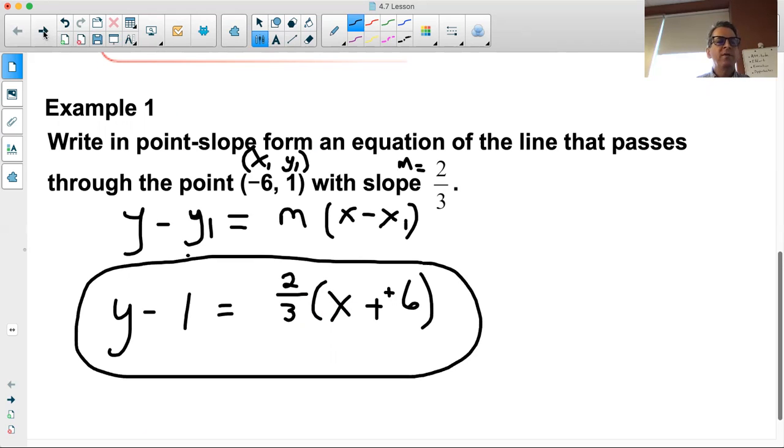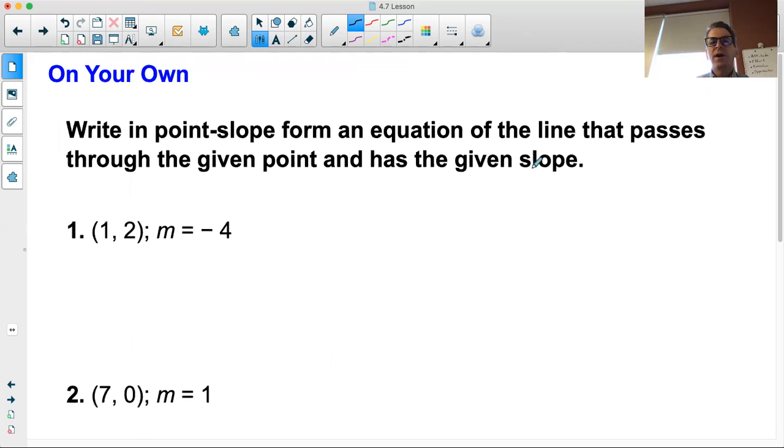Okay, we're going to pause the video to do on your own. Give number 1, 2, and 3 a try. Write in point slope form an equation of a line that passes through the given point and has the given slope. So we're looking again for point slope form of an equation of the line that passes through the given point and has the given slope.